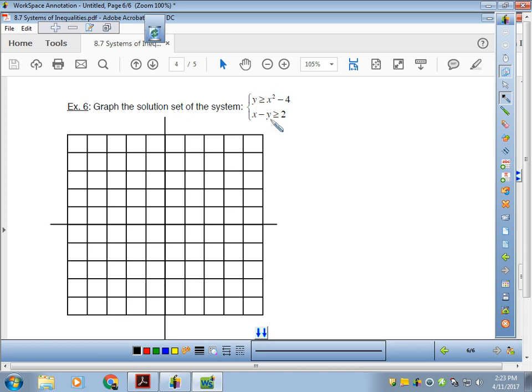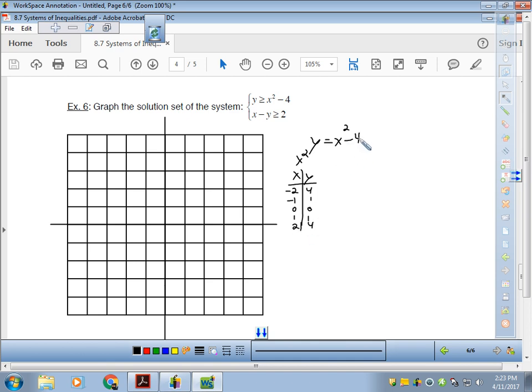So here we have another system of inequalities. For our first one, we got y equals x squared minus 4. That is a parabola that's been shifted down 4. So remember with our basic parabola, we had these points, negative 2, 4, negative 1, 1, 0, 0, 1, 1, 2, 4.